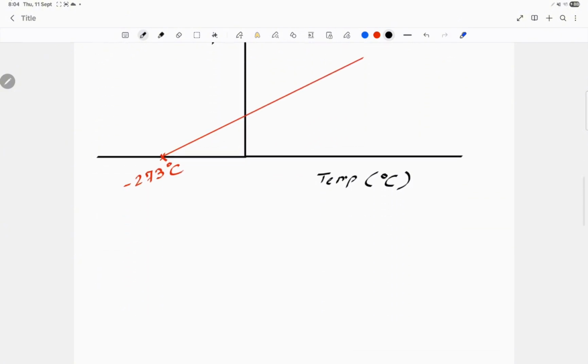Okay. Now, so we had PV is equal to nRT before, where n was the mole. How about now PV is equal to N kB T?